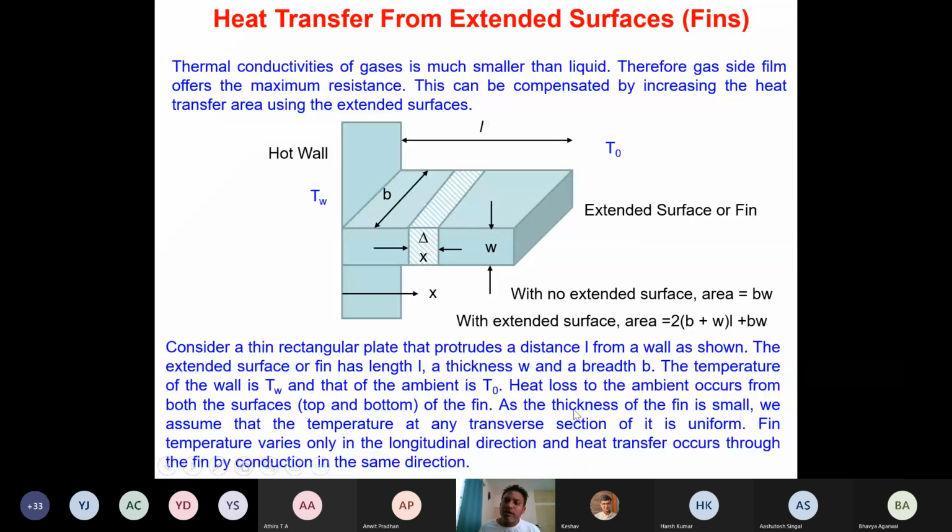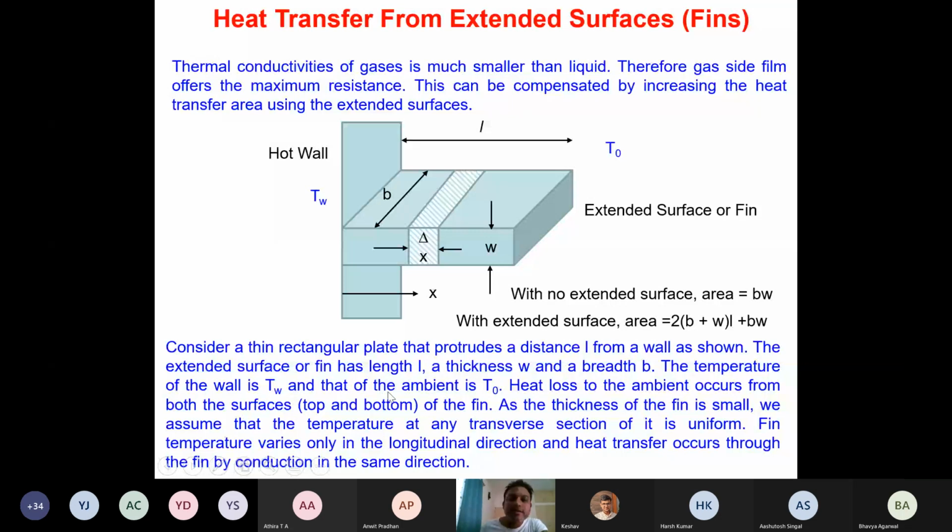As the thickness of the fin is small, we can assume that the temperature at any transverse section of it is uniform. Fin temperature varies only in the longitudinal direction, and heat transfer occurs through the fin by conduction in the same direction.